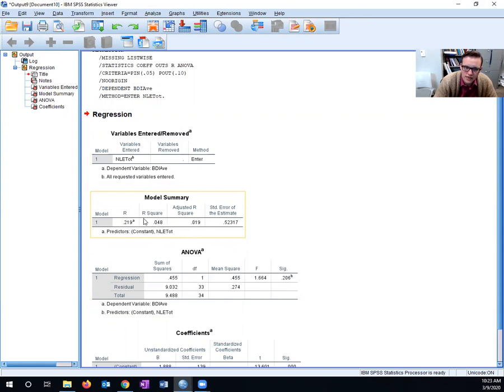And we want to get a proportion, which is more easily understood. We look at the R square, and that's 0.048. This is the proportion of variance in our outcome variable, depression, explained by variance in our predictor, negative life events. So about 4.8% of the variance is explained.